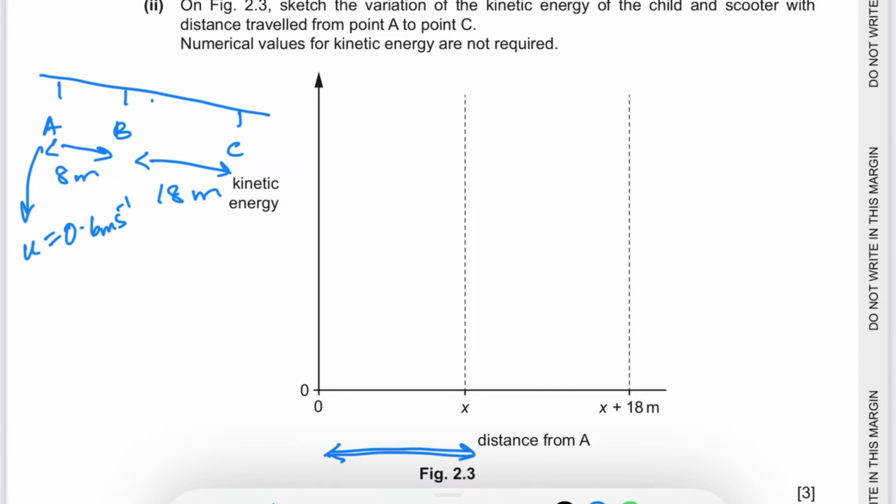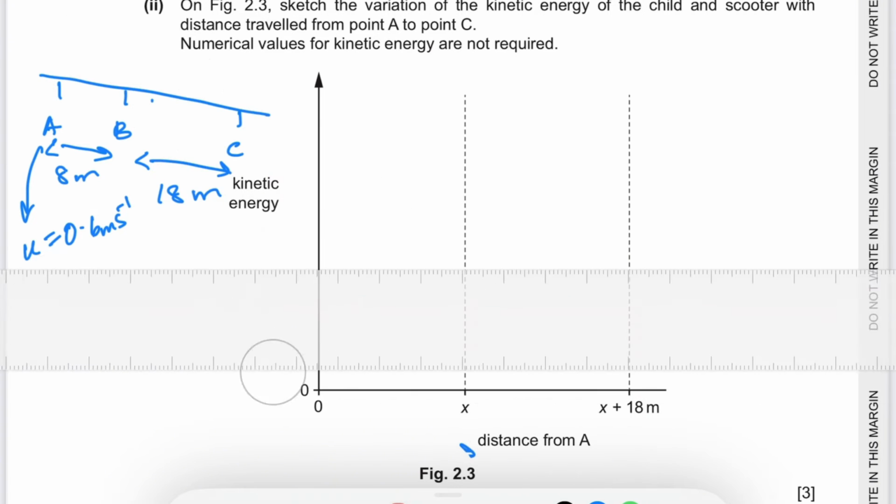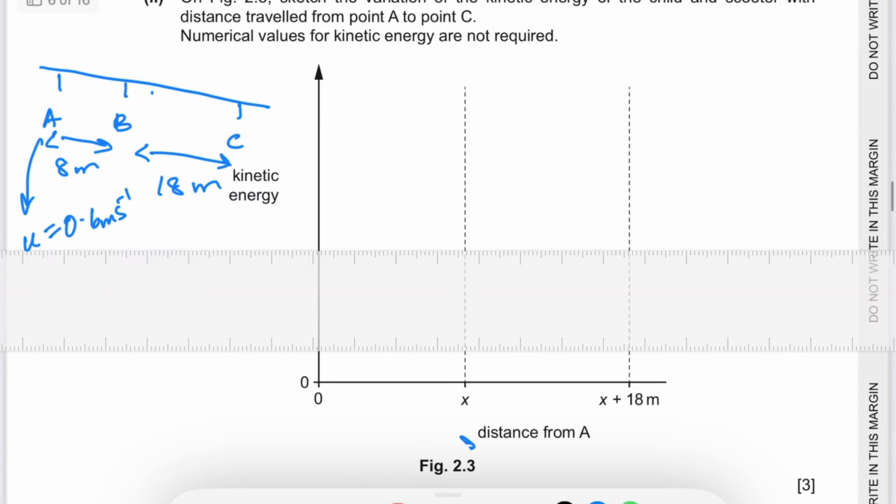That means she does have some kinetic energy. So you won't start at the origin. Instead, you will start at a non-zero value for kinetic energy, and then her kinetic energy is going to increase up until x. So you would denote that by a positive gradient, something like that.